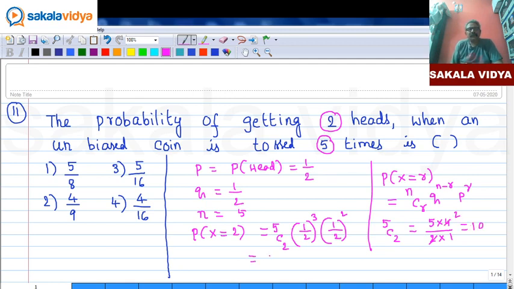So equals 10 into 1 by 2 power 5, because the bases are same, the exponents are added, 3 plus 2 is 5. So this equals 10 into 1 by 32. Now 2 fives are 10, 2 sixteens are 32, equals 5 upon 16. Third option, option 3 is the right option.